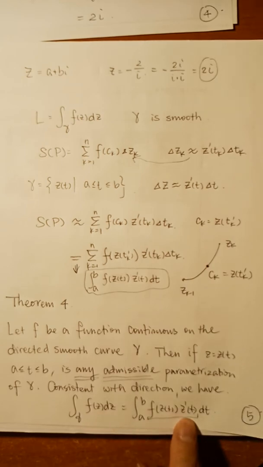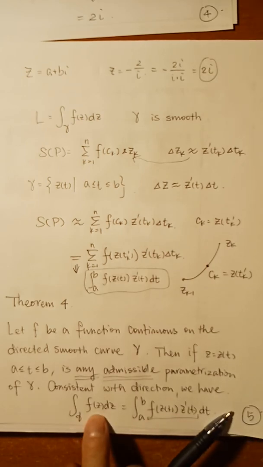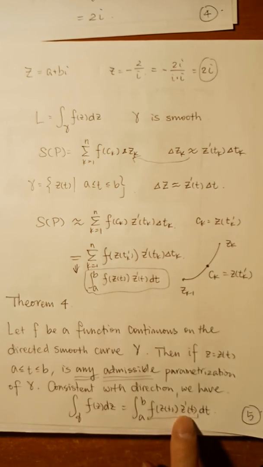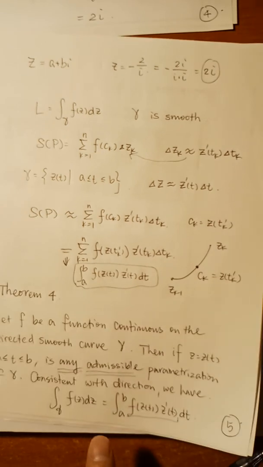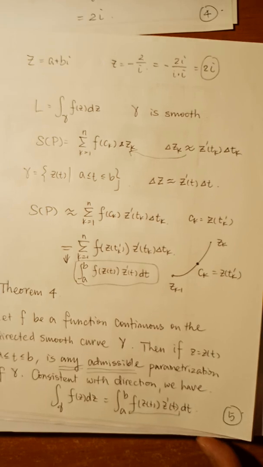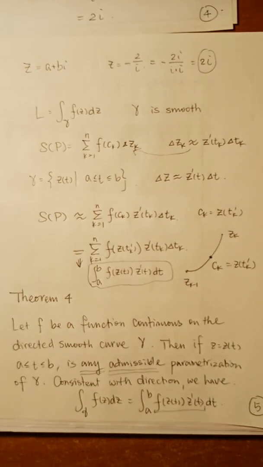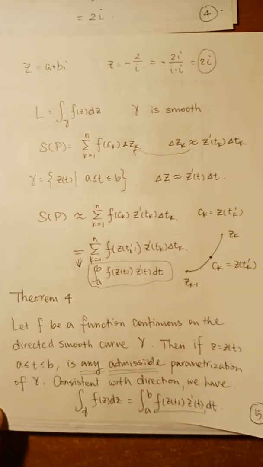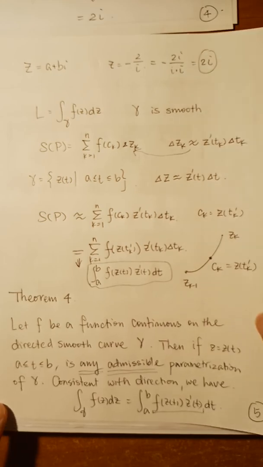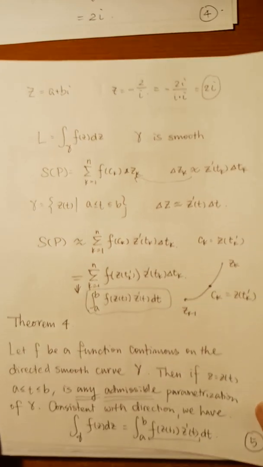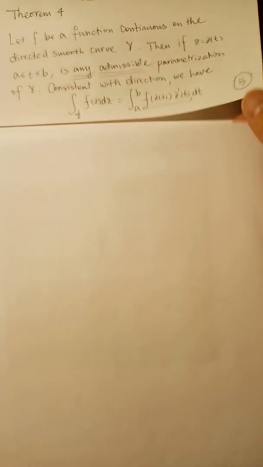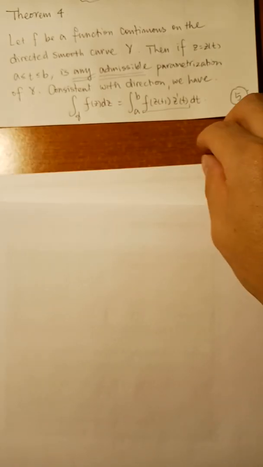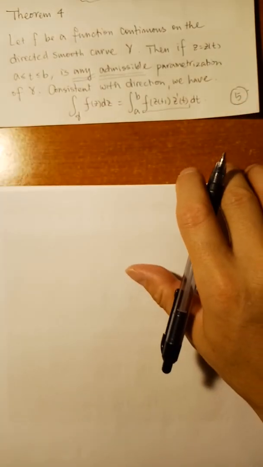Choose one admissible parameterization, you get the integral of f along gamma. Choose another, you will still get the integral of f along gamma. So it does not depend on the selection of the admissible parameterization. That's corollary one, a direct corollary from the theorem.